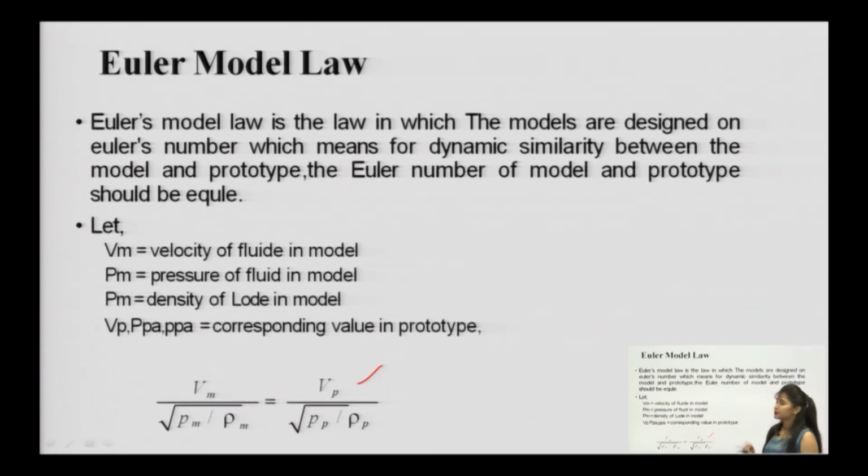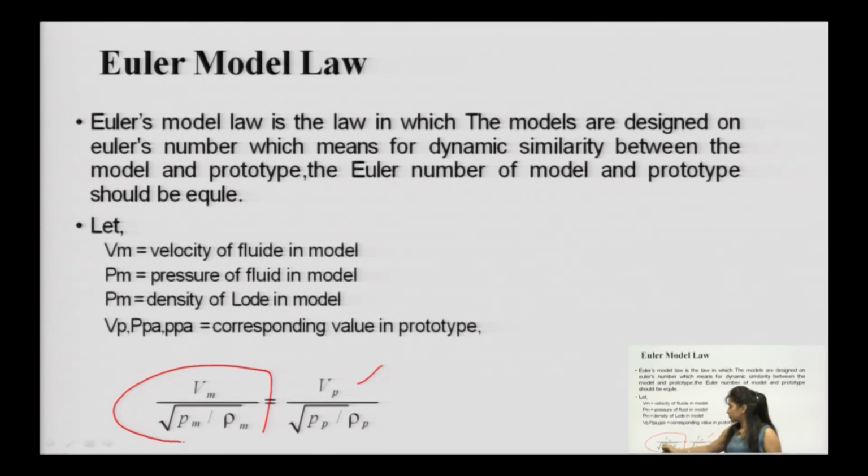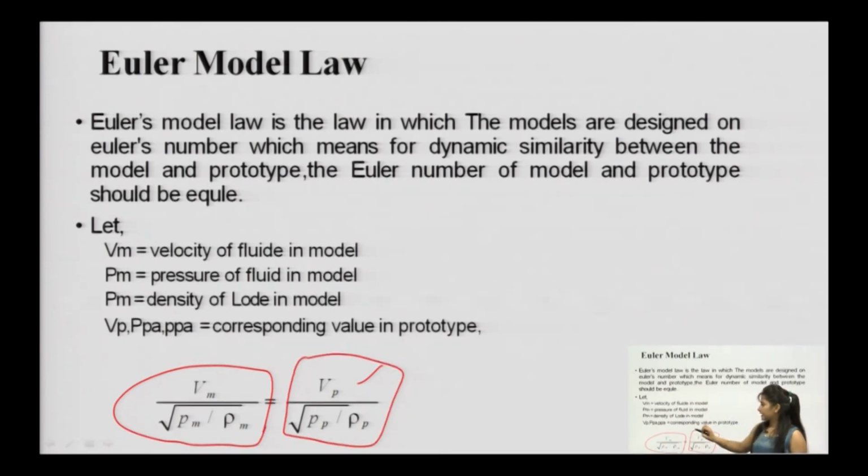It states that for dynamic similarity of model and prototype, Euler's number in the model and Euler's number in the prototype will be the same. With these assumptions, we calculate Euler's number of model and of prototype, and if it is based on Euler's model law, then they both will be equal.